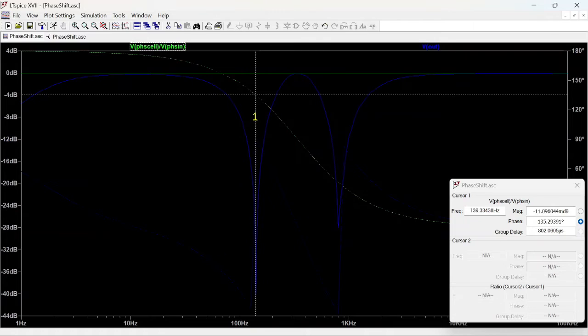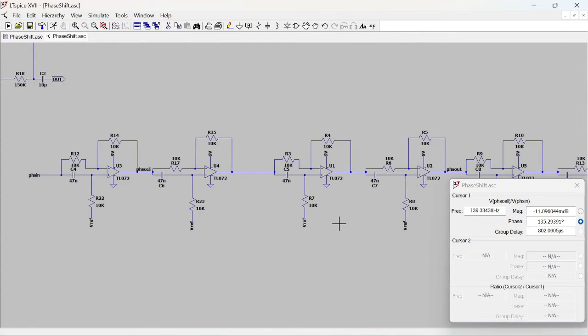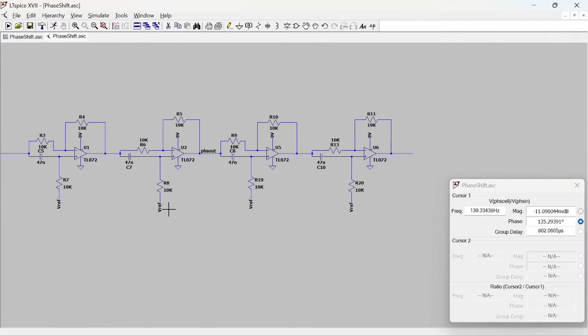And what is the frequency where 135 degrees happens? So if we have 6 phases, let's guess what we're gonna have, because now we have 6 phases. Is it 30? 30 times 6 is 180. So we're talking about 30, then 90, 120, right?